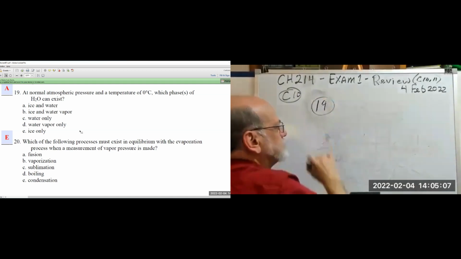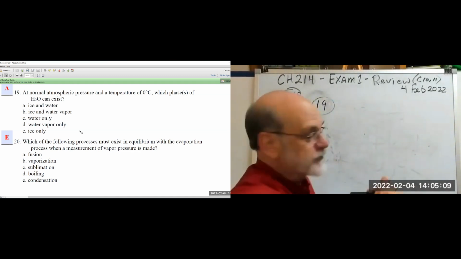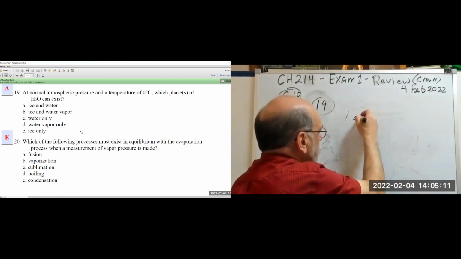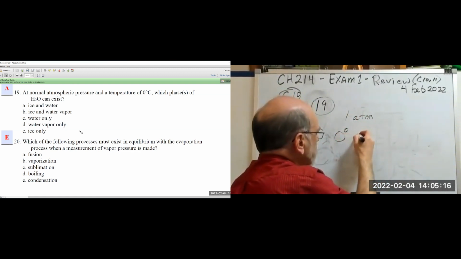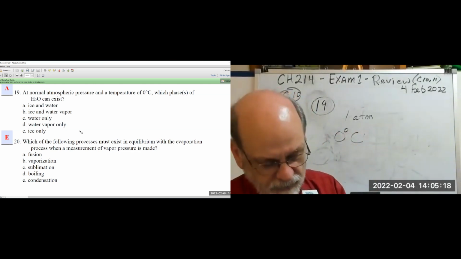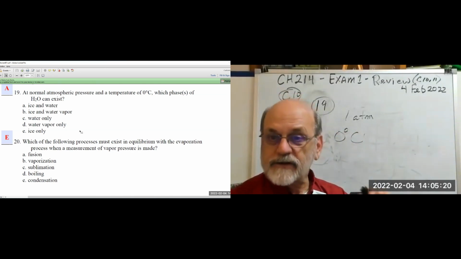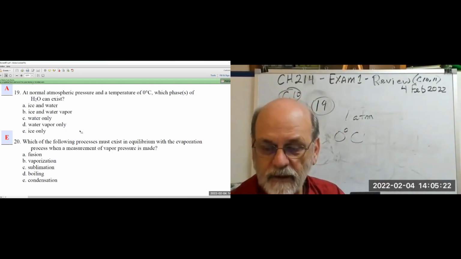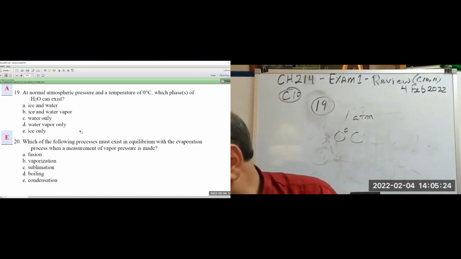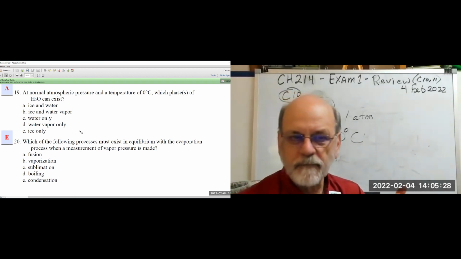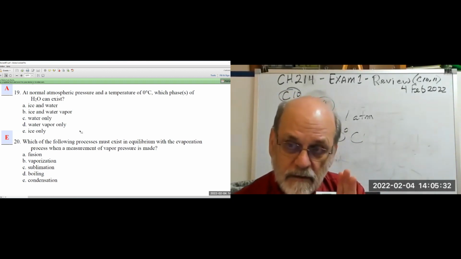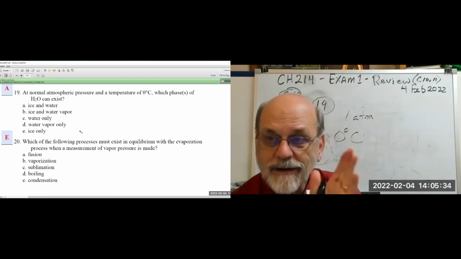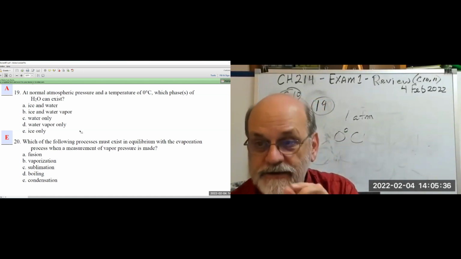For water at 1 atmosphere pressure, 0 degrees Celsius. What is that? That's the freezing point of water. What do we know about the freezing point of water? We know that at the freezing point, you can have both liquid and solid together at the same time.